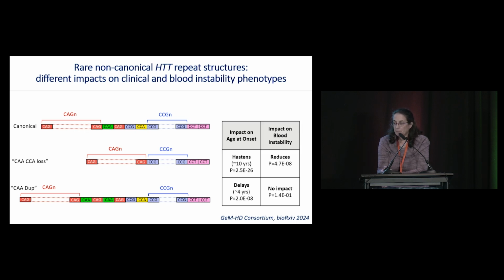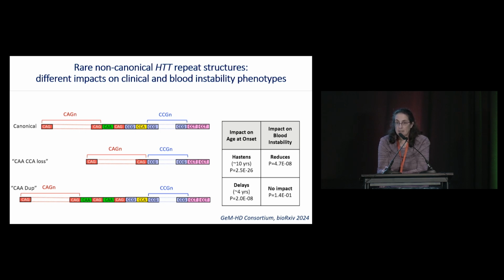And so this is the impact on age of onset relative to the canonical. For the CAA-CCA loss allele, it's a strong disease-hastening haplotype. And so you might expect, if this works through somatic expansion, that it would be associated with much higher levels of somatic expansion. But in fact, it's not.